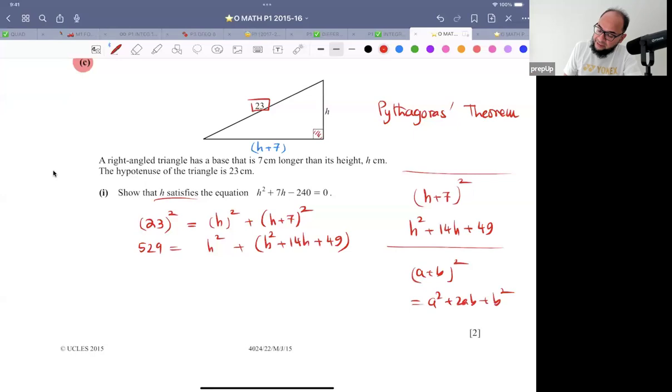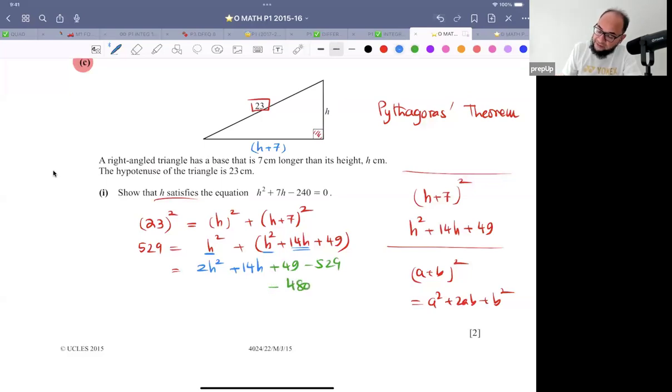And what needs to be done? First of all, add these two, that is 2h square. This 14h as it is. This is plus 49 minus 529. So 529 and 49, the difference is 480. So this is 480 with a negative sign.